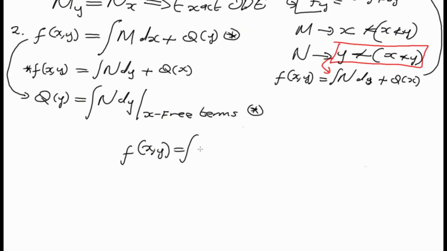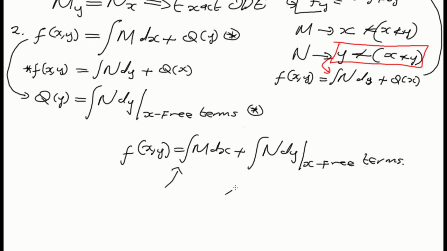So the full answer basically is m dx plus, here where there's a q, you can put it like this, and dy plus, you see now, this you only consider only x free terms. Right. So this is the idea that you can integrate both.